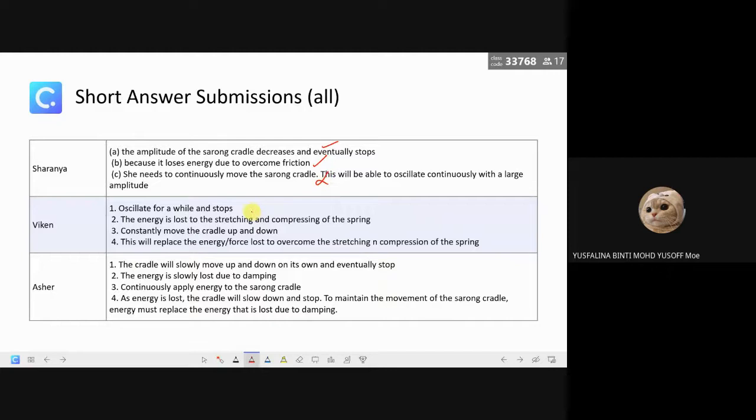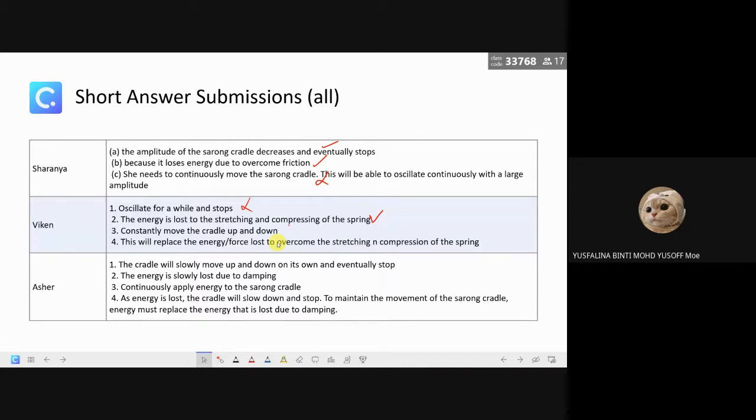Oscillate for a while and stop. Okay, no mention of the amplitude. The energy loss, yes, constantly move the cradle. If you want to answer this type of question, where they ask you to explain, it's better to use the physics quantity.